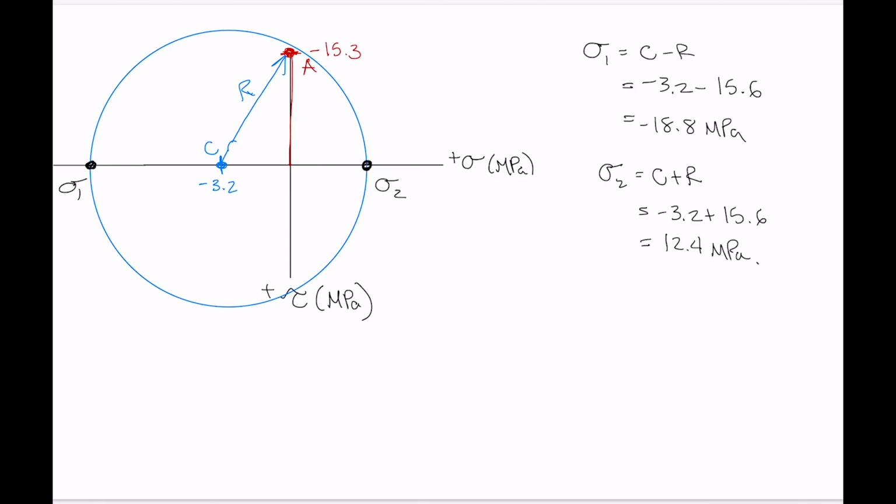So I've got those. Now we just need to think about which way we need to rotate to get to our principal stresses. I always like to rotate by the smaller angle, so we could take point A, which exists here, and rotate it down to sigma 2 and put it right there for point A double prime. So that would be a rotation that is clockwise by, let's say, angle phi.